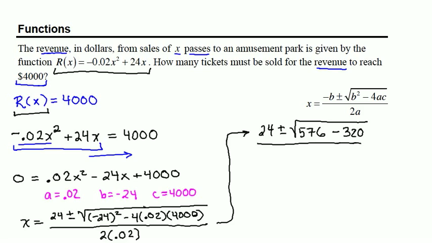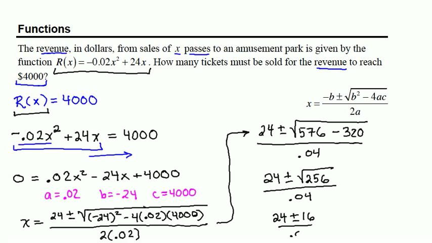Divided by 0.04. Now 24 plus or minus the square root of 256, divided by 0.04. 256 turns out to be 16 squared, so this is 24 plus or minus 16 divided by 0.04.